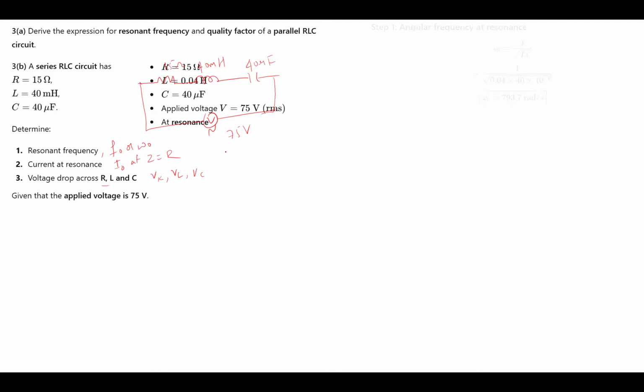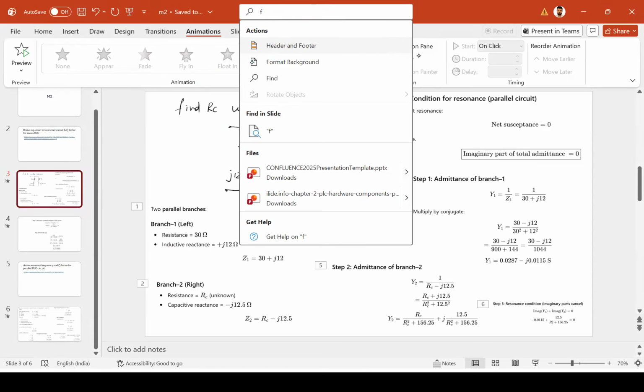So given this, you already know the angular frequency.